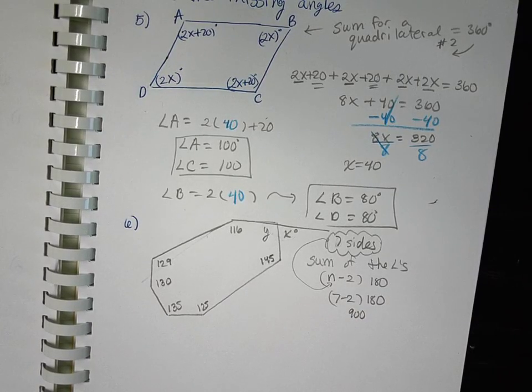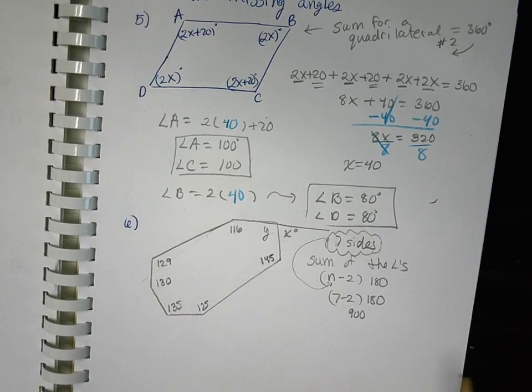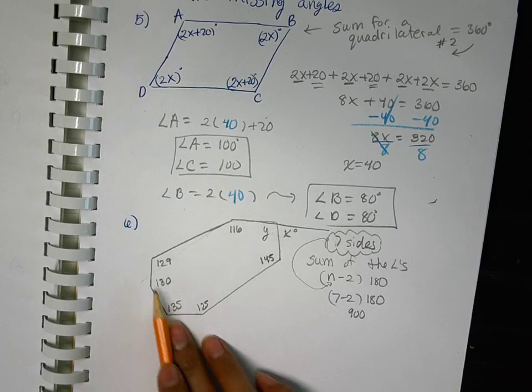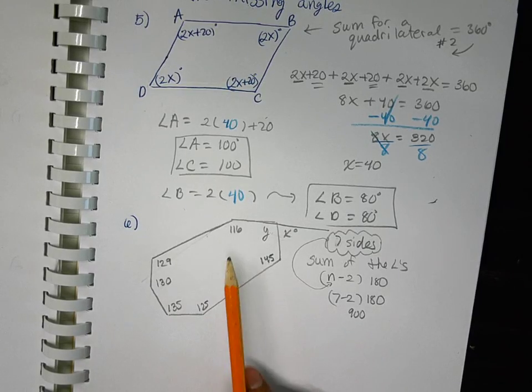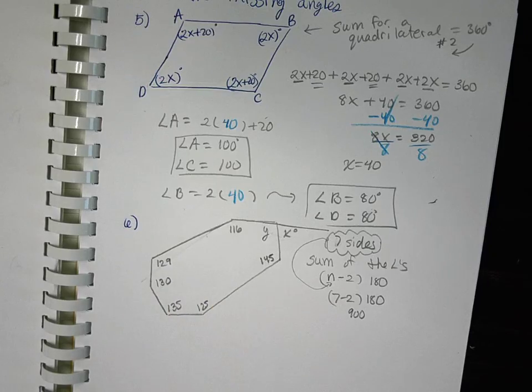No. I am going to have to add all these up plus y equals 900. Now what I would suggest, rather than writing all these numbers down, is plug in the calculator right now. Can you do that? In whatever order, 116 plus, plus, plus, plus, plus, and get all the numbers together.